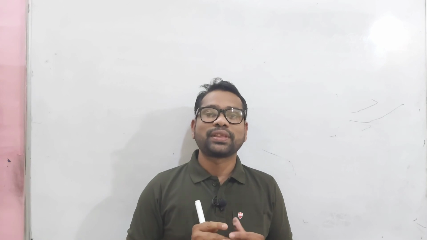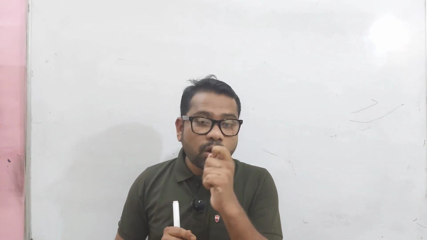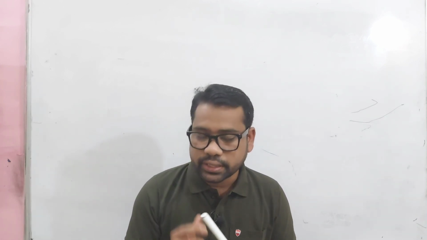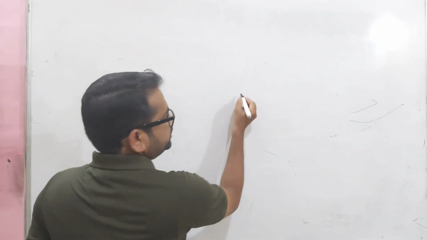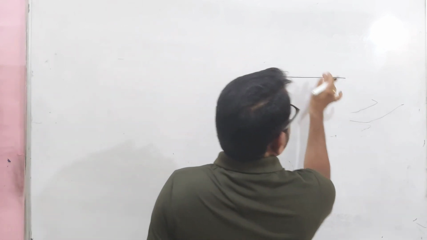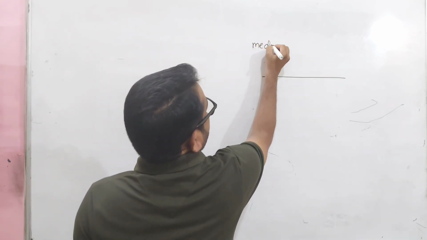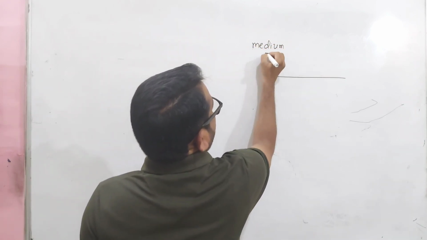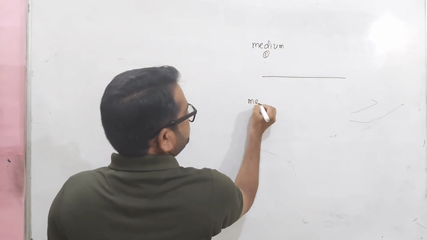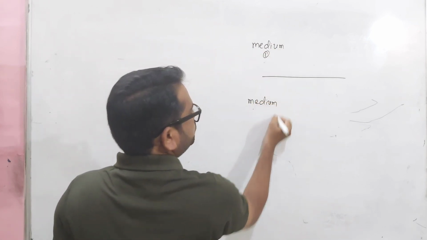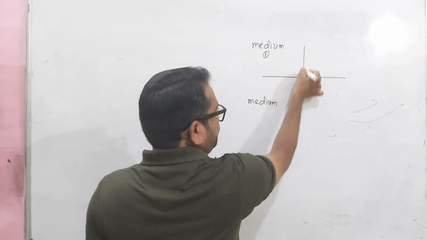It's very important. Then, dear children, we discussed Snell's law of refraction. Let us recall once again. Suppose here is a separation between two mediums. Let us say this is medium 1, and here is medium 2, and this is the normal drawn.